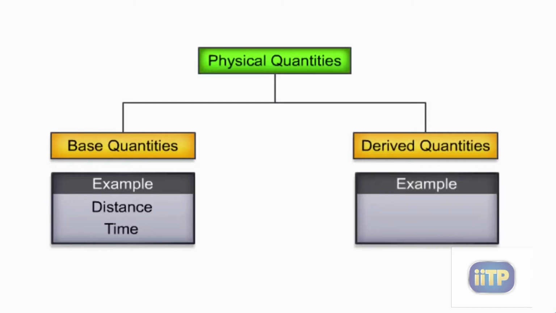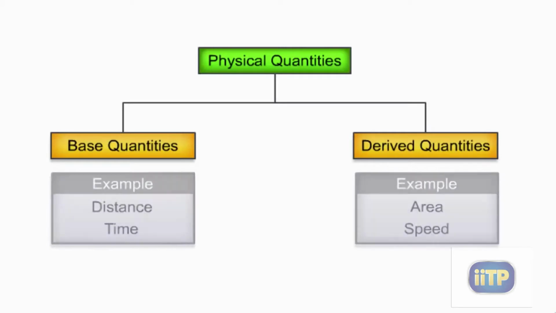For example, area or volume, which is expressed in terms of multiples of length, is a derived quantity. Similarly, speed is a derived quantity as its measurement depends on distance and time.